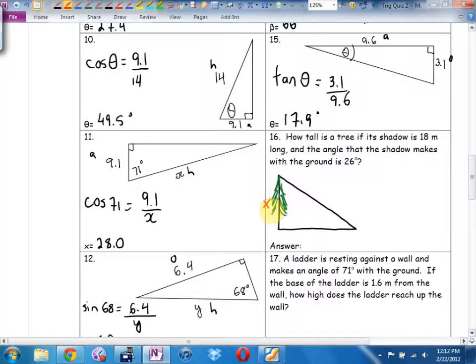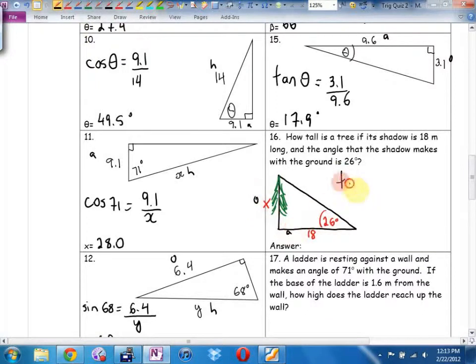How tall? If its shadow is 18 meters long, where does a shadow sit? On the ground. I think the 18 goes right there. And the angle that the shadow makes with the ground is 26 degrees. I figured that's going to be with the ground. Opposite, adjacent.